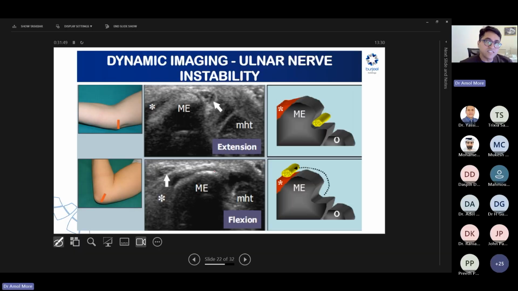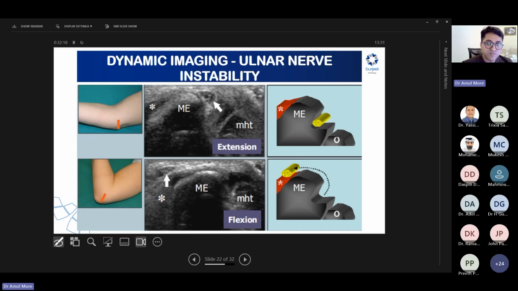For dynamic assessment of ulnar nerve instability, we keep our probe on the bony landmarks, the medial epicondyle and olecranon process, with the probe alignment shown in this image. Once you place your probe, ask the patient to flex and extend.